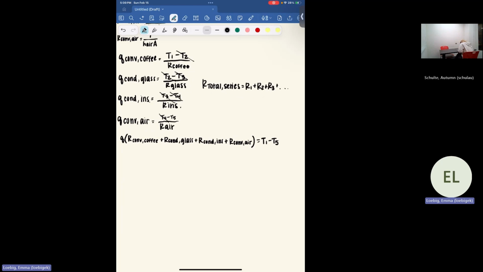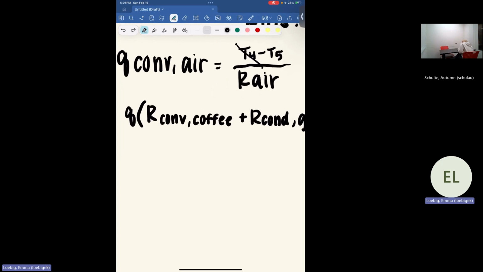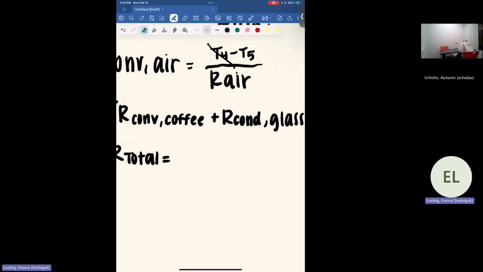So as we can see, this is related to our total resistance. So our total is simply the sum of each of our resistances.